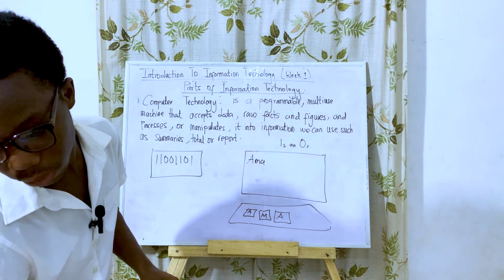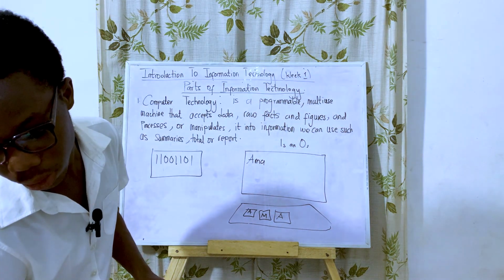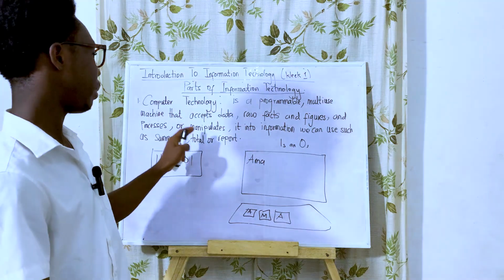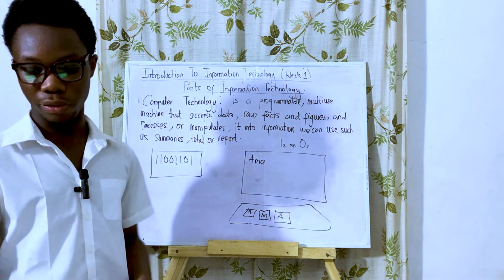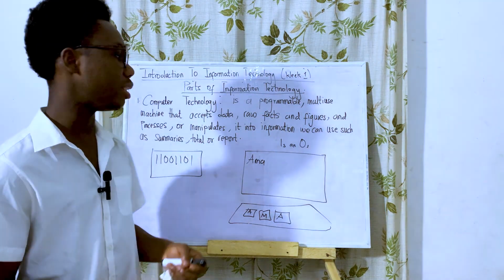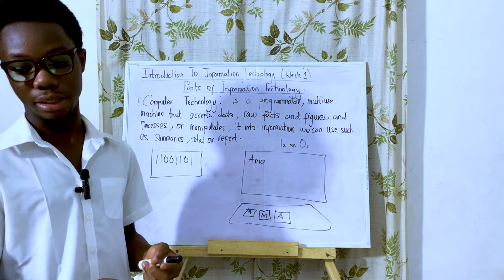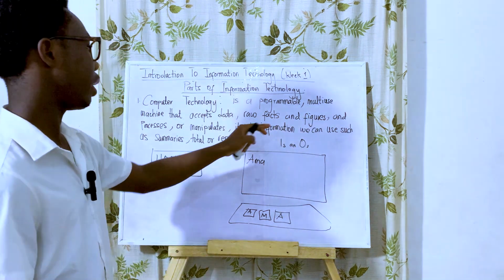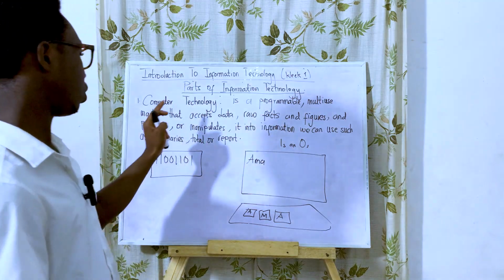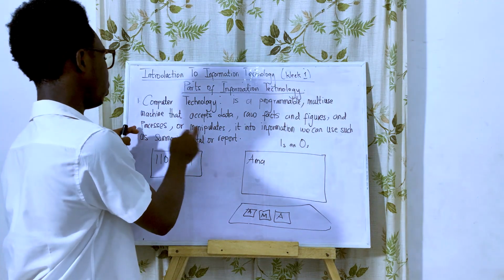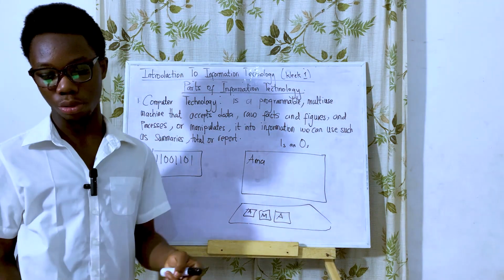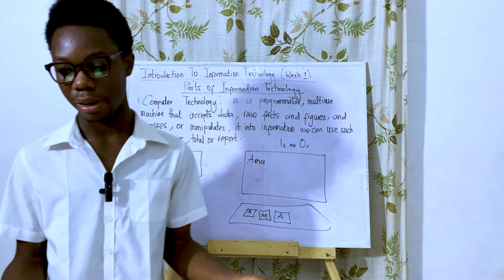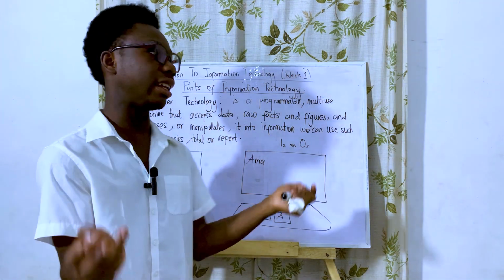Also, when we say manipulate in the definition over here, manipulate means calculate, processing, right? In the definition they said processes or manipulates. So these two can also mean calculating, comparing, sorting, organizing, and analyzing.